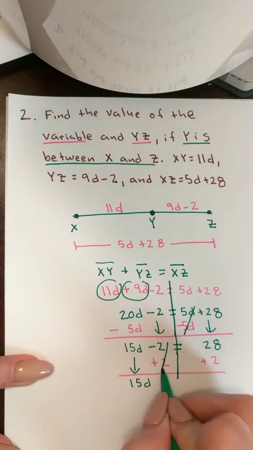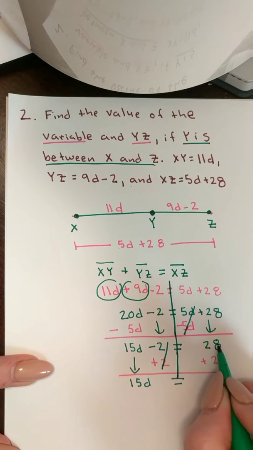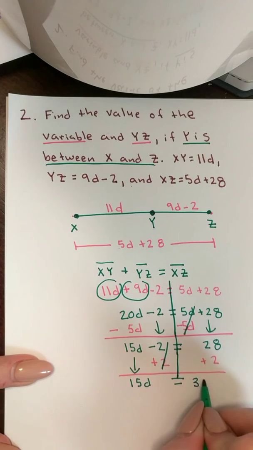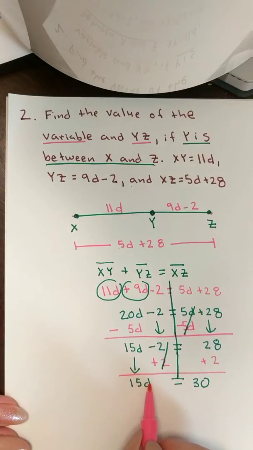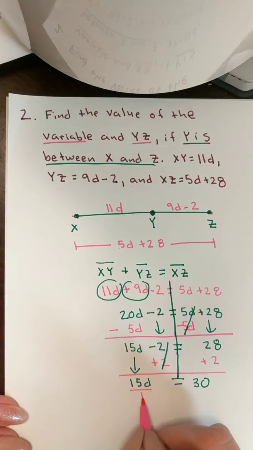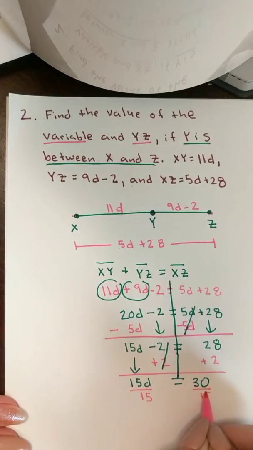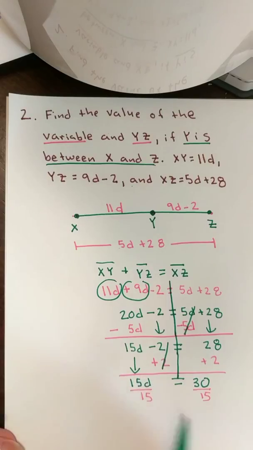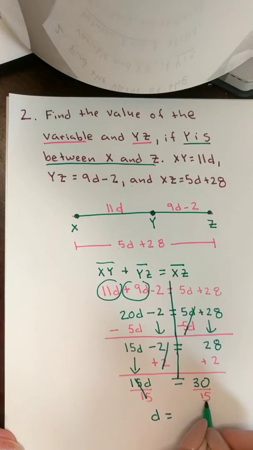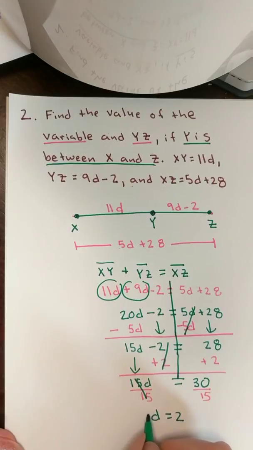Minus 2 plus 2 is 0. 28 plus 2 is 30. When a number is next to a variable, this means multiplication. The opposite of multiplying is dividing. 15D divided by 15 is 1, so we're left with D over here. 30 divided by 15 is 2.